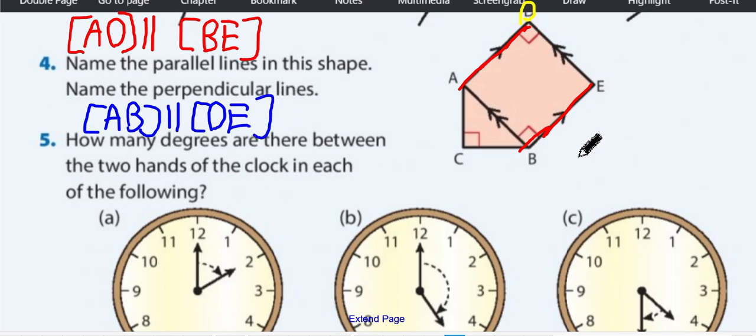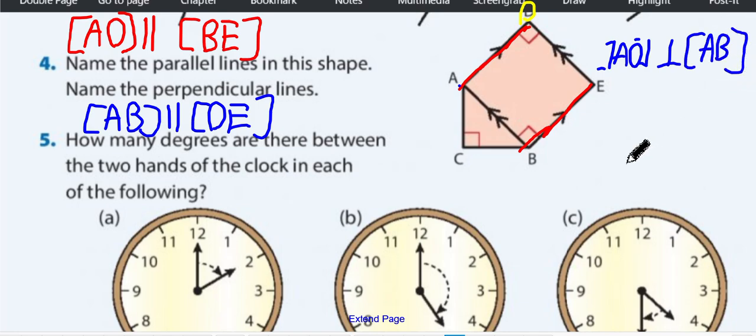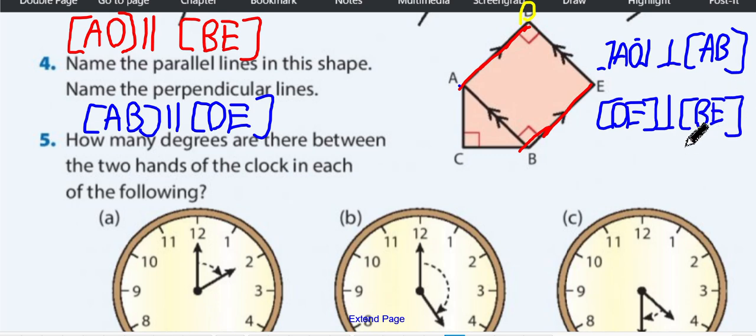Any perpendicular ones you want to give me an example of? AD is perpendicular to AB. Perfect. Any other examples? What about DE being perpendicular to BE? Exactly. Is that alright?